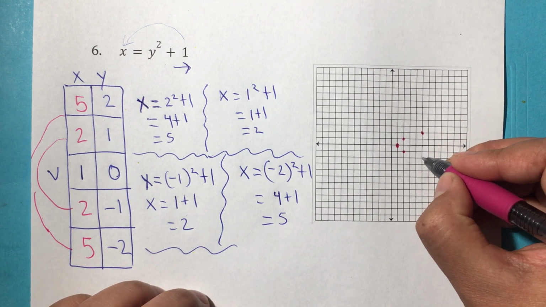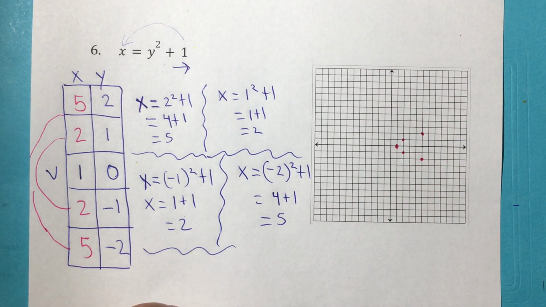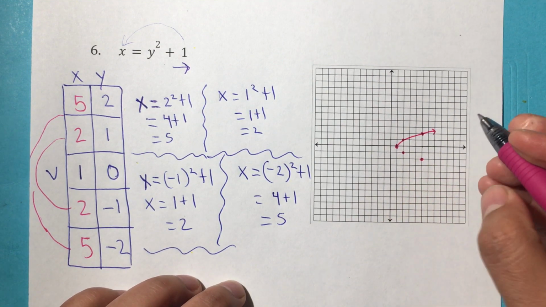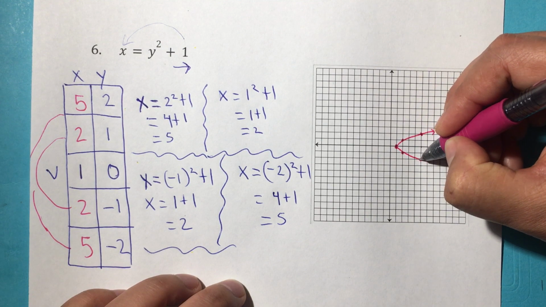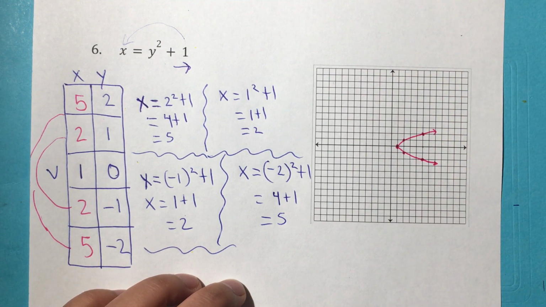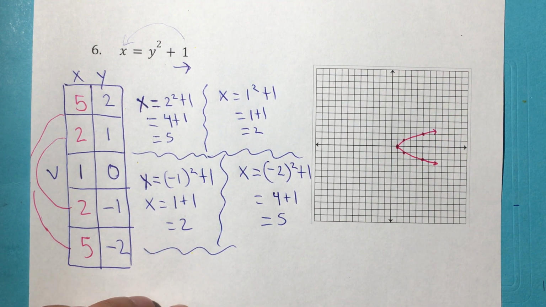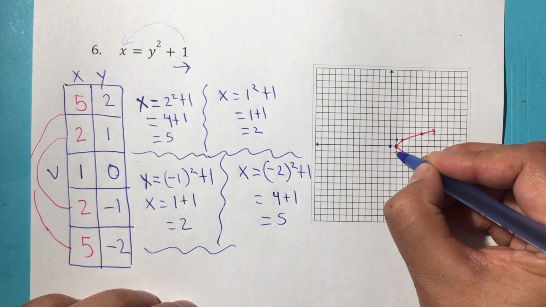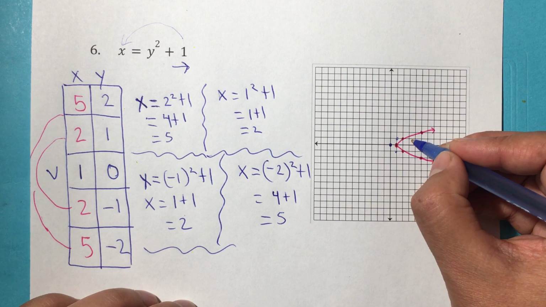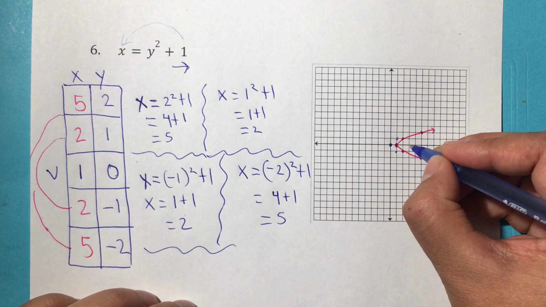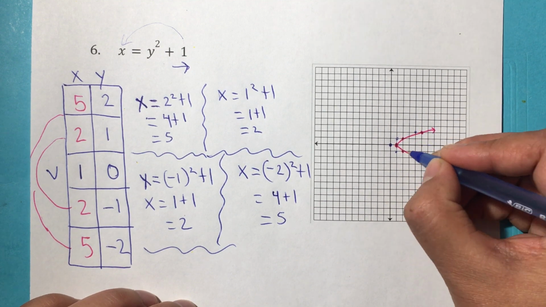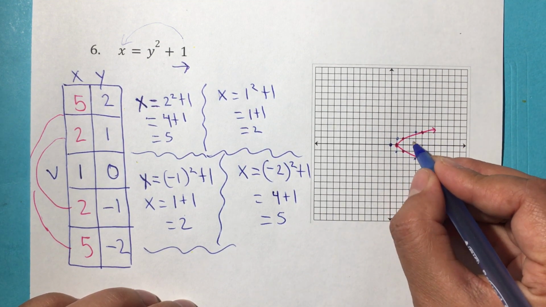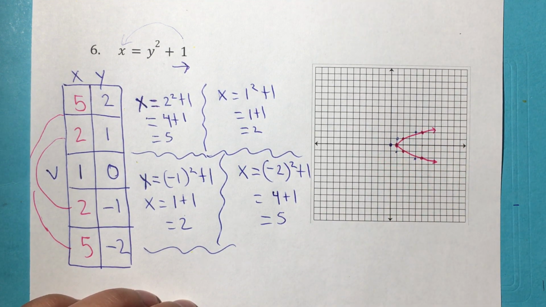So the same for the other side. So the entire graph just moved one space to the right. Because the original was at 0, 0, then 1, 1, and 1, -1, then 4, 2, and 4, -2. And notice how each one just moved one space to the right.